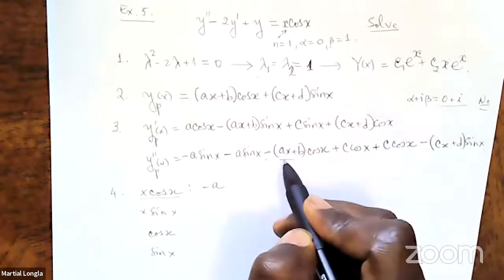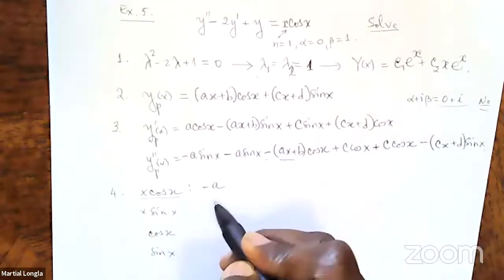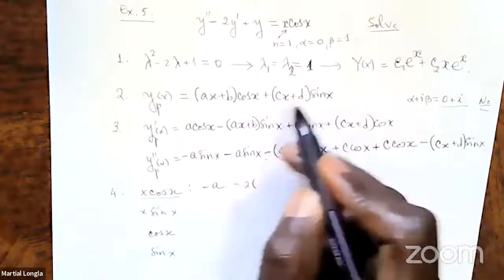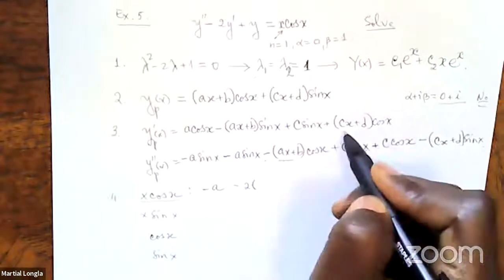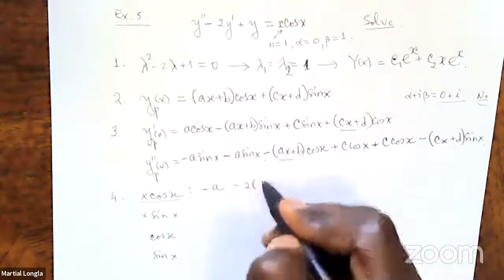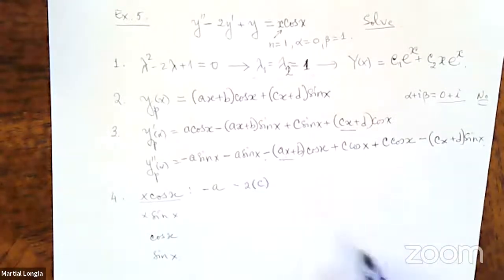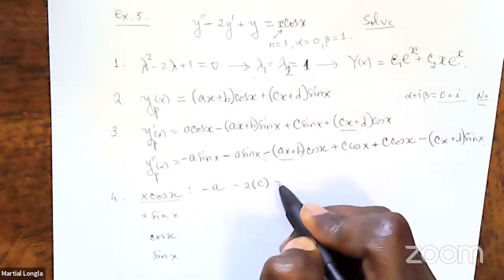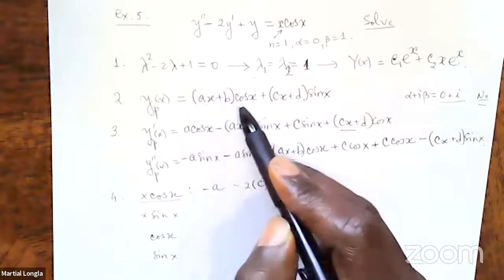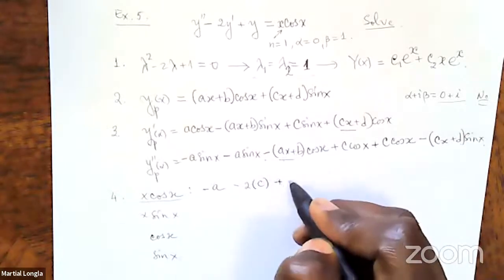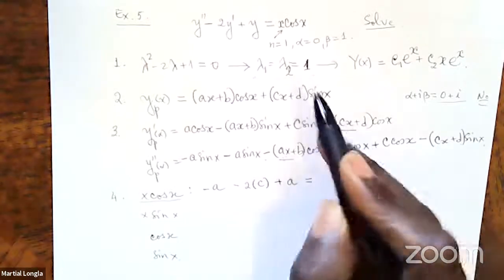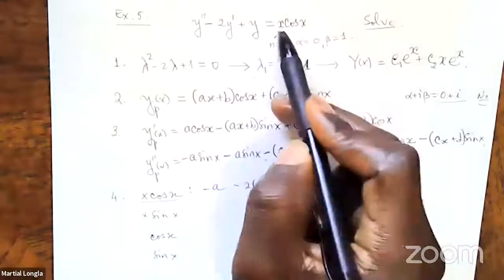That's the only x cosine x in the second derivative. So minus 2, you go to the first derivative and you look for x cosine, and the only one is c, see? Plus the function: x cosine is a. Equals the right hand side of the equation. X cosine is 1.